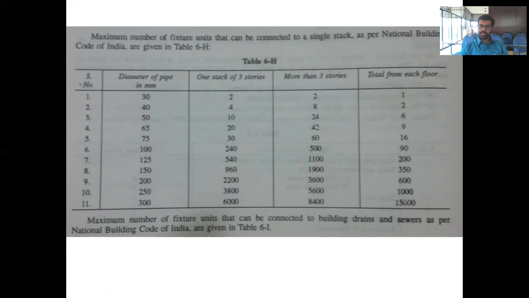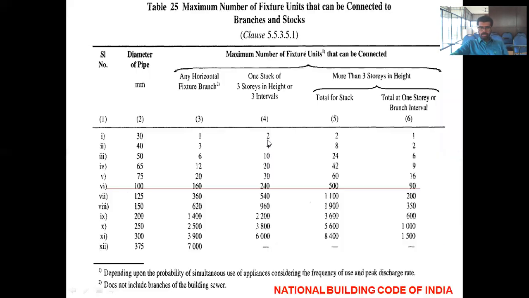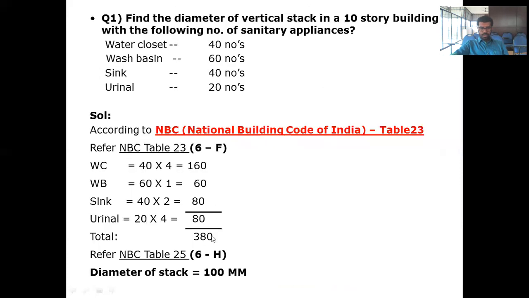Okay, so this is taken from the National Building Code of India, maximum number of fixture units connected to building drains and sewers. So you got 100, right? So you can write the diameter of the stack is 100.